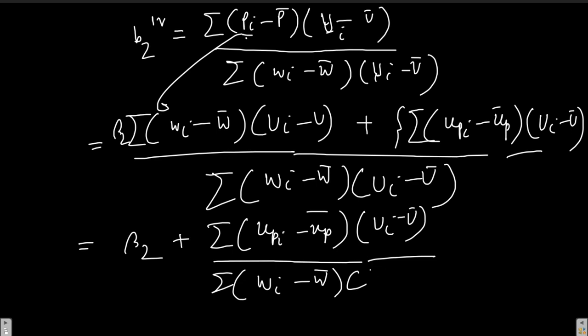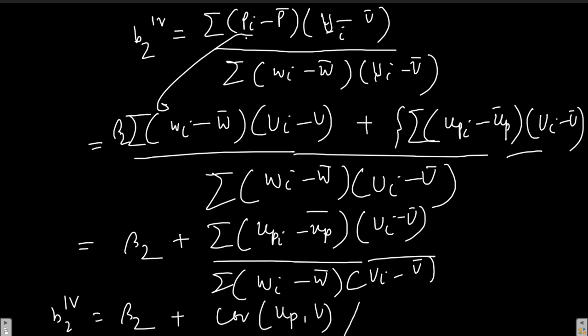So we again take a PLIM on both sides. PLIM of beta 2 IV is equal to beta 2, since PLIM of beta 2 is beta 2, and then if I multiply 1 by n on both numerator and denominator, I'm going to get covariance of UP and U divided by covariance of W and U, capital U here.